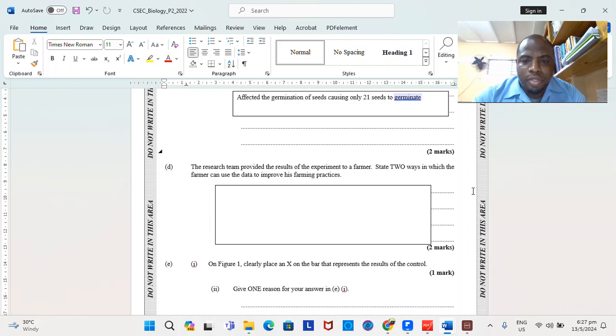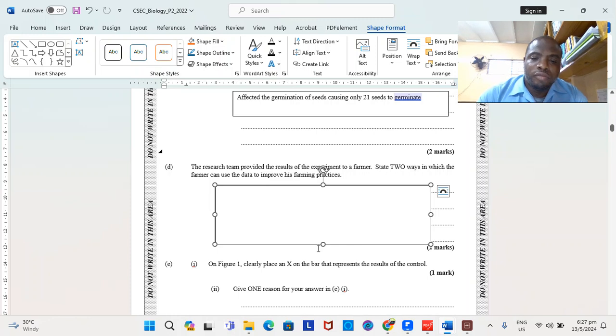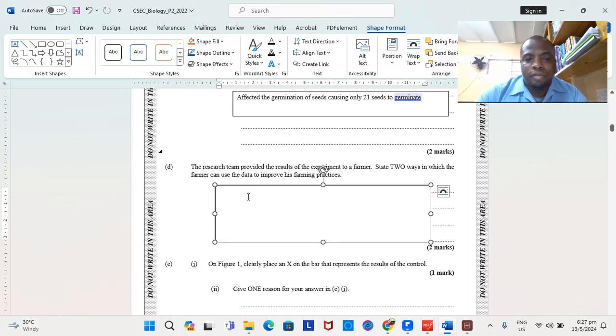They grow their crops, and this information will be valuable to them. State 2 ways in which the farmer can use the data to improve his farming practices. So we know that the farmer is going to be germinating seeds if he is a crop farmer.